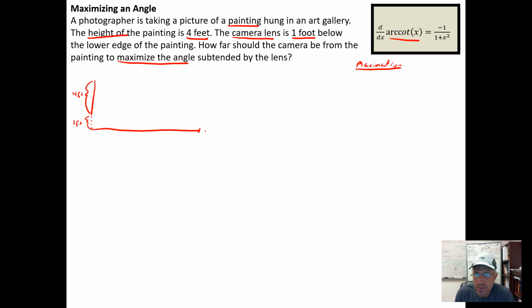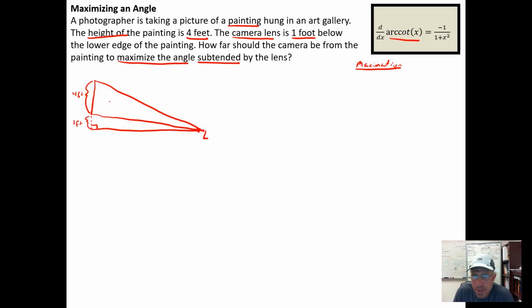And then if I draw the line from the bottom of the picture to the camera lens, and this is a right angle here, and I draw the line from the top of the picture to the camera lens, I get a couple of triangles in here, and what we're being asked to find is the maximum angle that you can subtend by the lens.